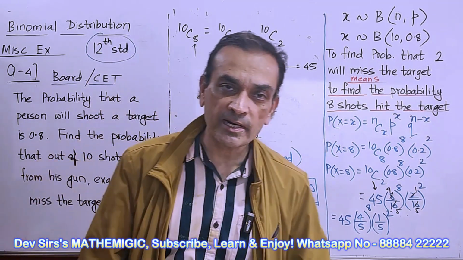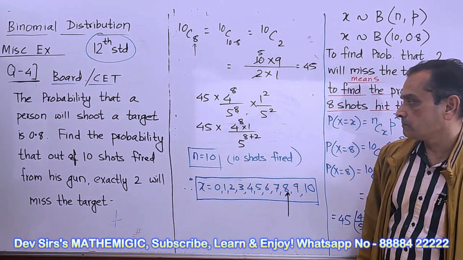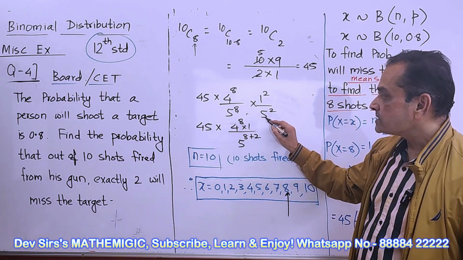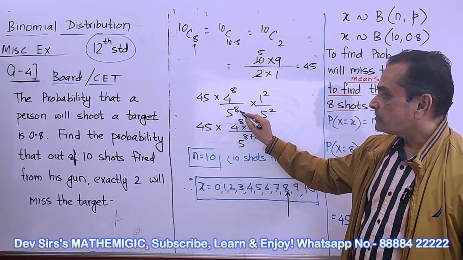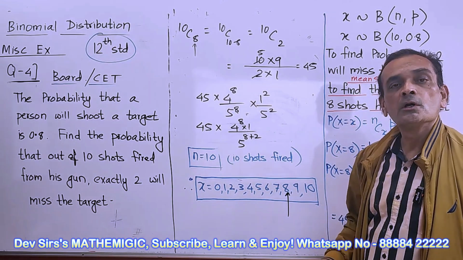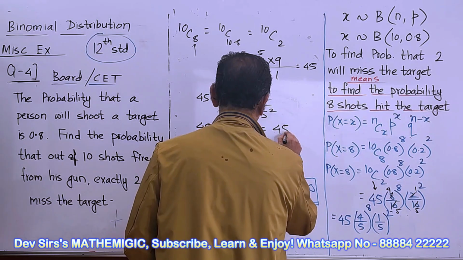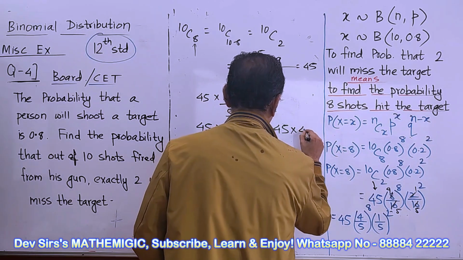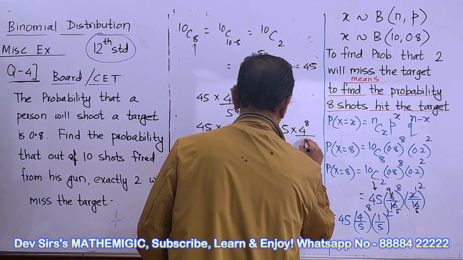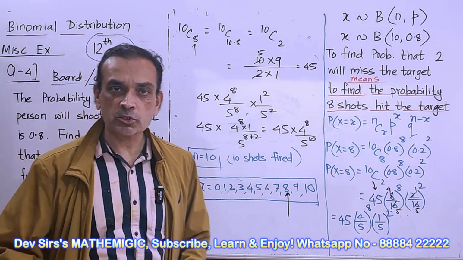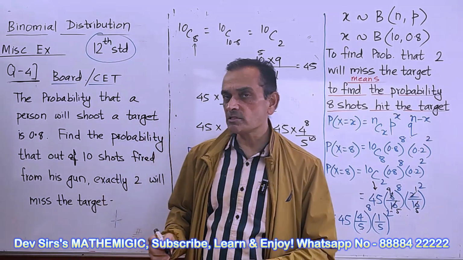These are standard laws of indices, 8th standard. Right? So 5 is the common base. Multiplication gets converted into addition, 8 plus 2. So the final answer is 45, 4 raised to 8, 5 raised to 10. That answer was also given as one option in CET.